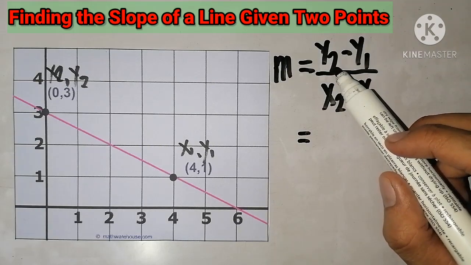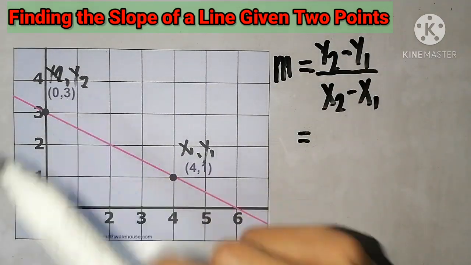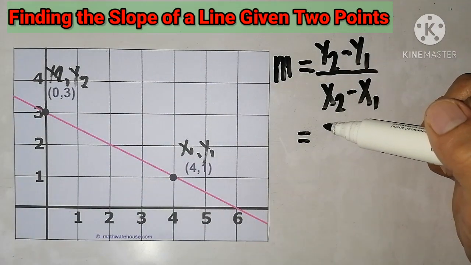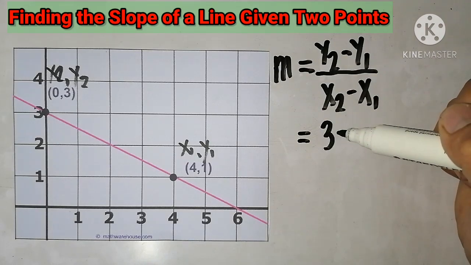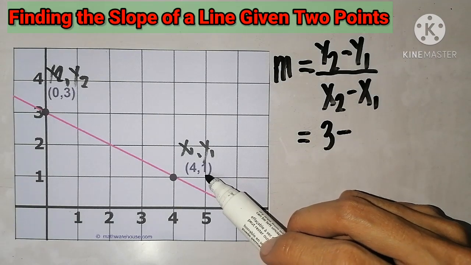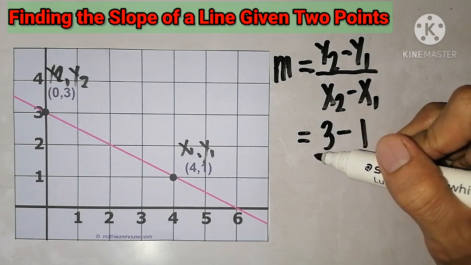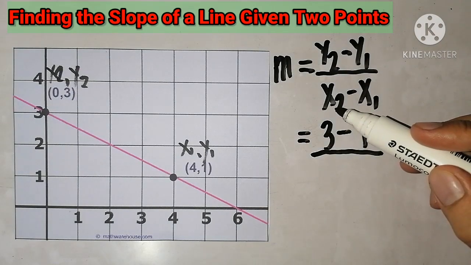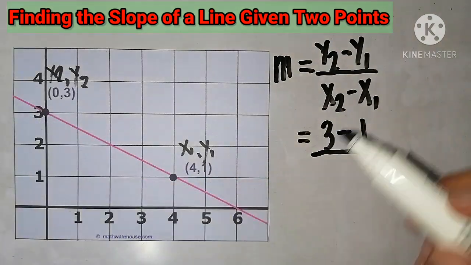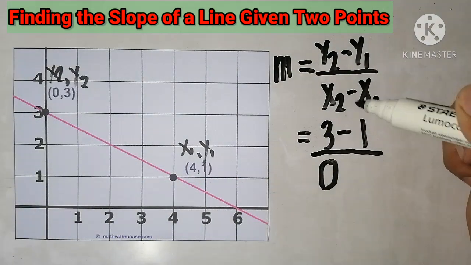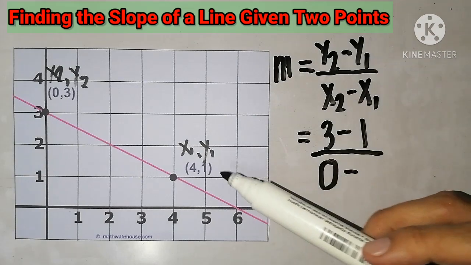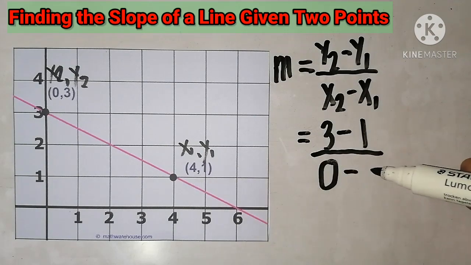So we have y sub 2, the value of y sub 2 is 3. So you replace y sub 2 by 3 minus the value of y sub 1 is 1. Replace or substitute y sub 1 by 1 over the value of x sub 2 is equivalent to 0. So you write 0. You copy minus. Then the value of x sub 1 is equivalent to 4.